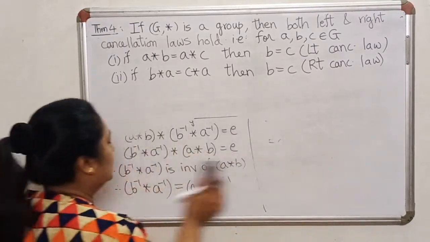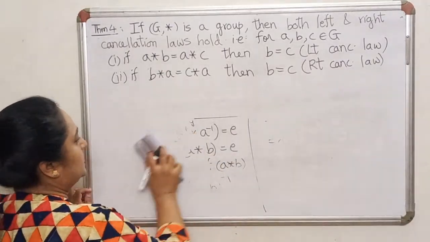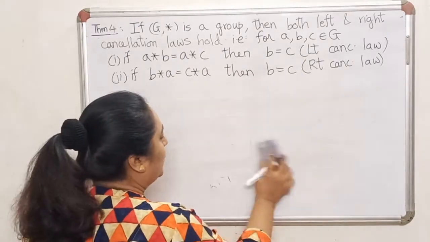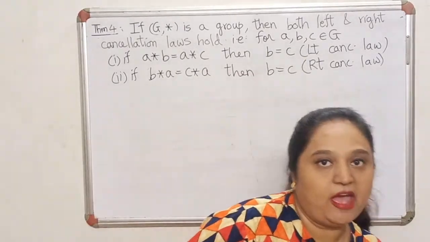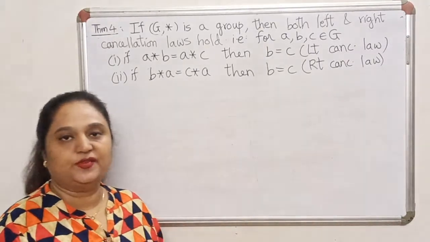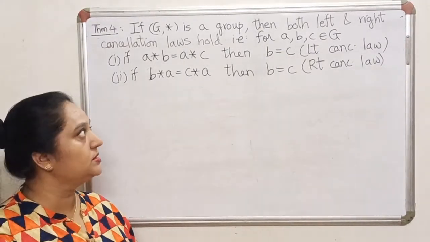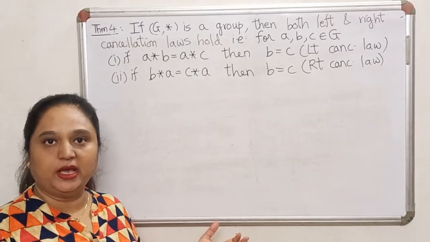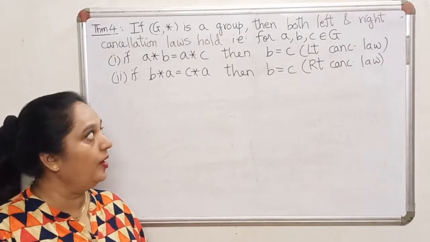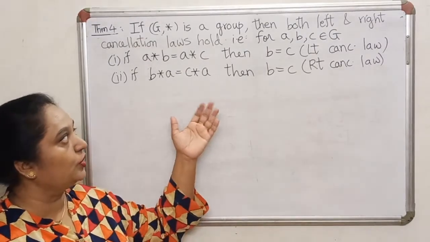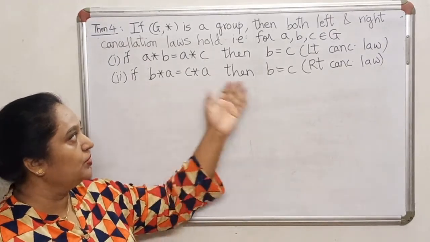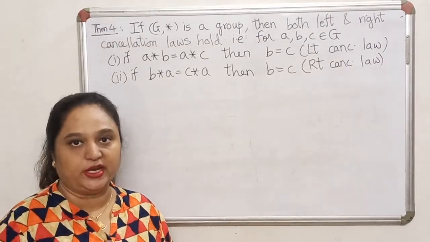So this is called the right cancellation law. So if G happens to be a group, then we have both left as well as right cancellation laws. I am going to prove here the left cancellation law, and then as an exercise I expect you all to immediately try out the proof of the right cancellation law.